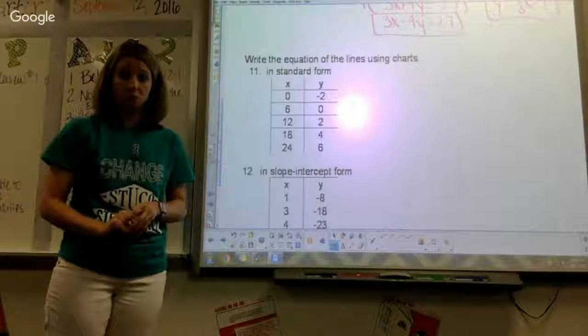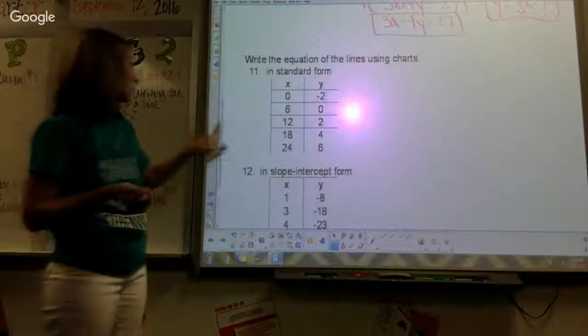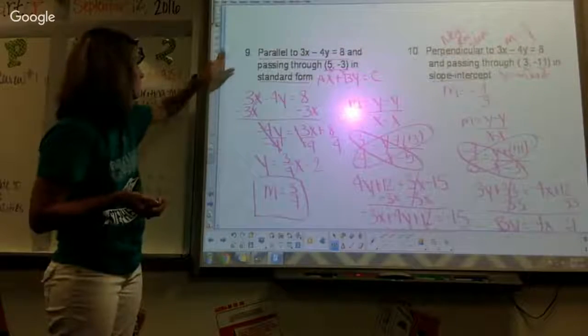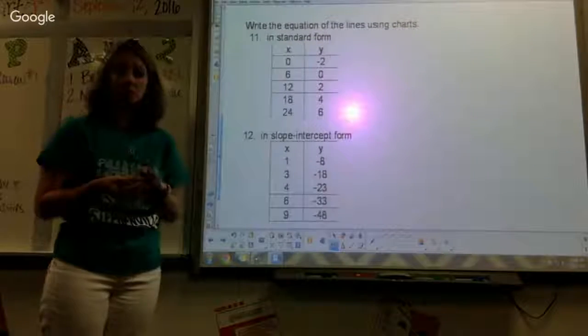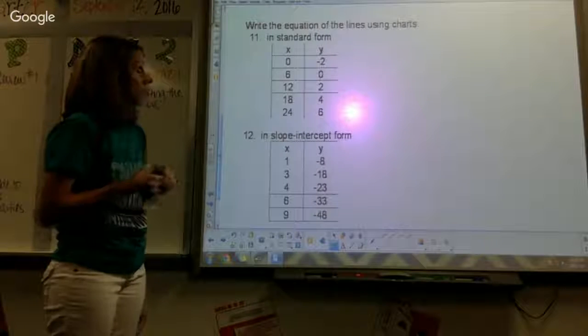Okay, next part, we're given a table. Anytime you're given a table, you're going to use the calculator how we did on number 7 and 8. So if you're given points or if you're given a table, you're going to plug it in.